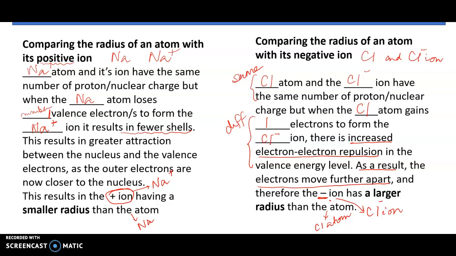By gaining the electron, it has added to an energy level that already had electrons, and so that results in electron-electron repulsion. Repulsion means to push away, so the electrons move further apart, and therefore the ionic radius for a negative ion increases, or the ionic radius for a negative ion is larger than the radius of its own atom.